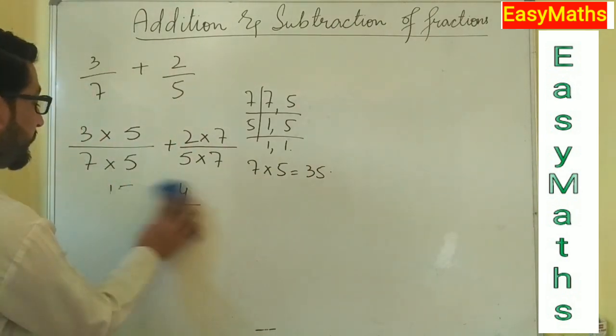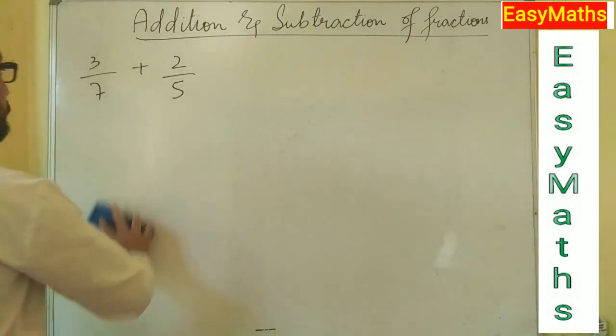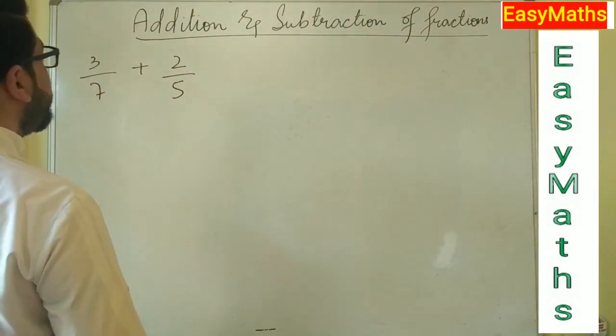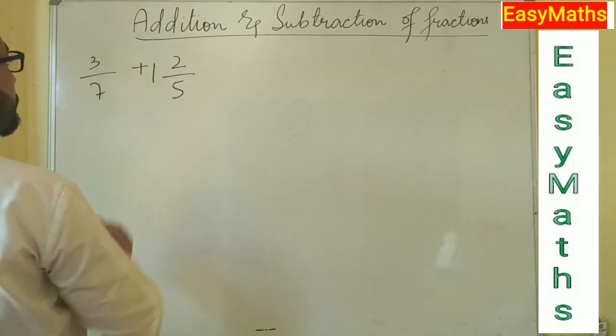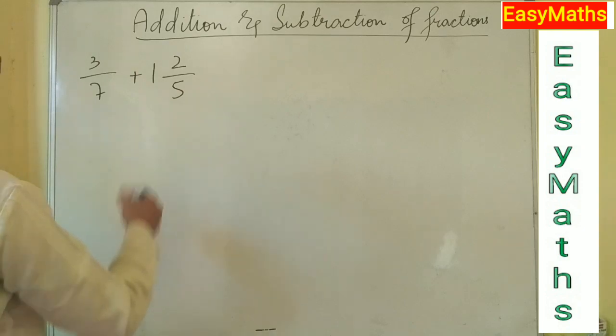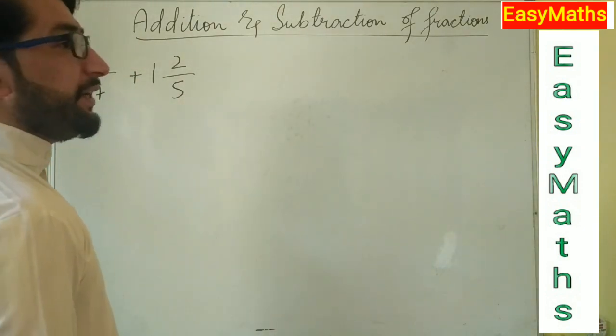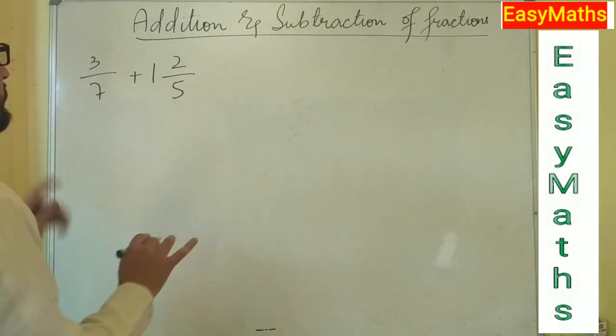But students, there is one more case with these fractions. There is a case when there is a mixed fraction. Suppose I take these same two fractions, and now we have got a mixed fraction here. So this is very much easy.